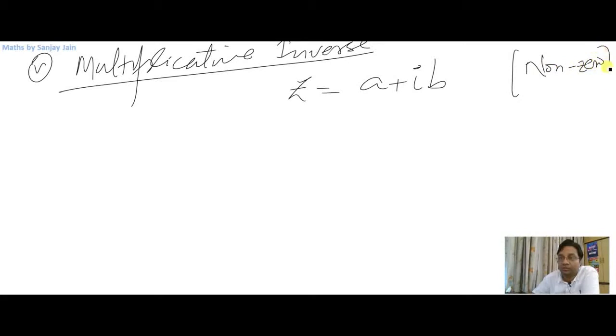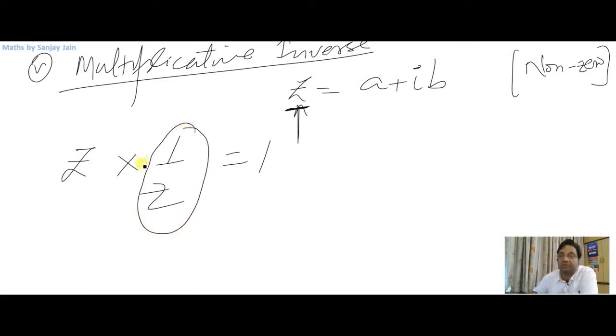It should not be 0 because I am talking about something that I multiply it with so that I can get 1. If I multiply z with 1 by z, I'll get 1, right? So I am talking about existence of this number 1 by z, so it should be non-zero. The complex number z should be non-zero for the multiplicative inverse to exist.